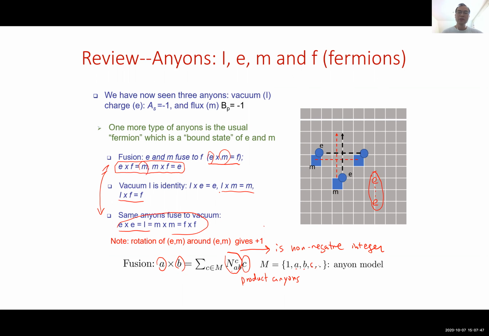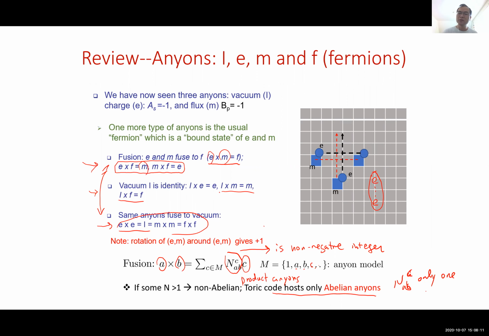Okay, so this is the fusion, and we have seen the example above here. And in our example of the toric code, the right-hand side is only one, only one non-zero.